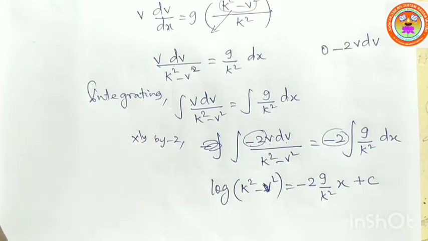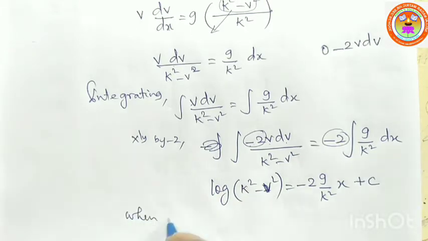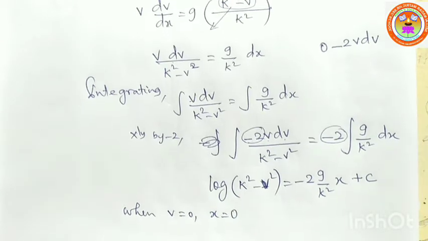Now, apply the given conditions. What is the given condition? It is given that v and x are both initially 0. See the question, the last line. If v and x are both initially 0, then find v in terms of x. So that means when v is equal to 0, x is equal to 0.